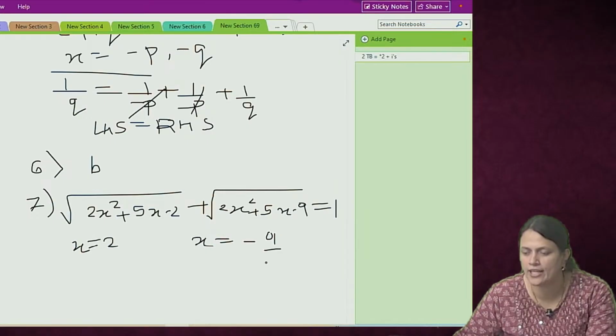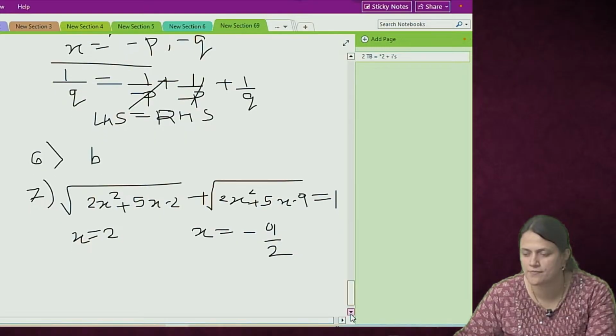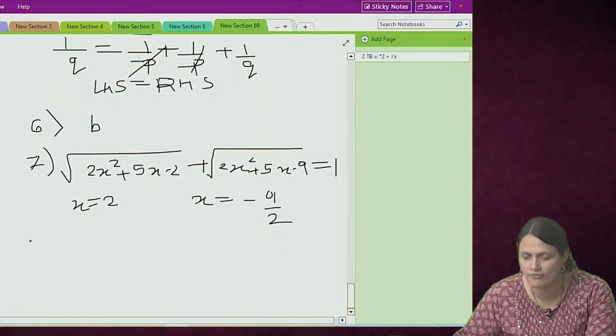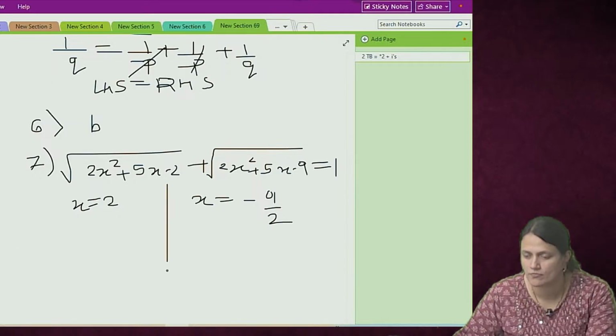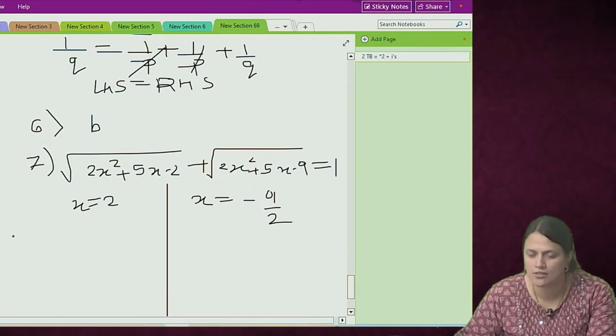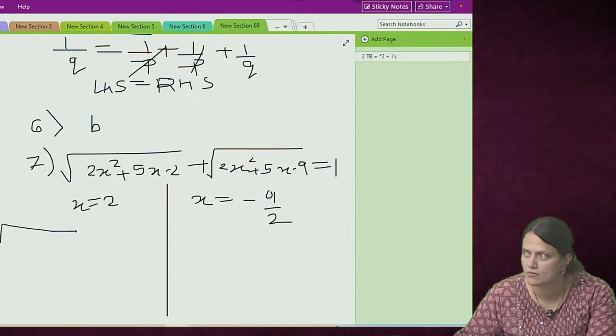Check whether you're getting LHS equal to RHS. So if we substitute the value of x as 2, we are substituting the value of x as 2. So 2 into 4 plus 5 into 2 minus 2.